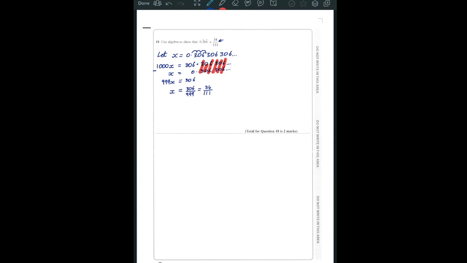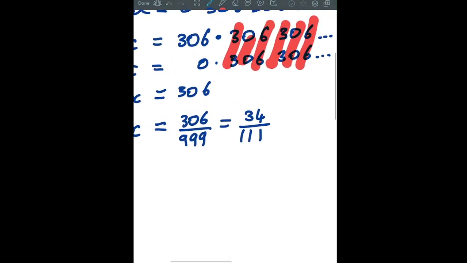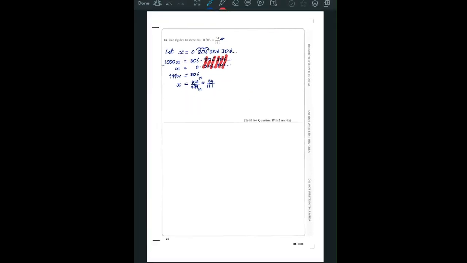If you do want to really solidify it, you can also put what the calculator did, or what you would do to simplify it. To get from 999 to 111, you've divided by 9. And if you do 306 divided by 9, you do get 34. If you really wanted to solidify it to hide your calculator cheating, you can do so.